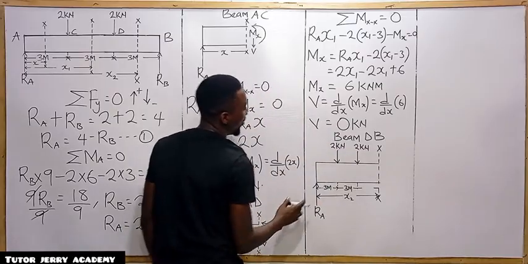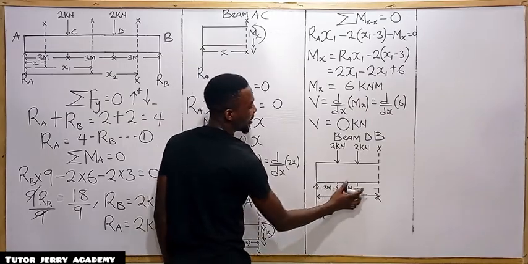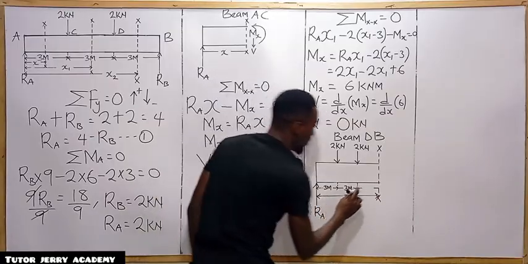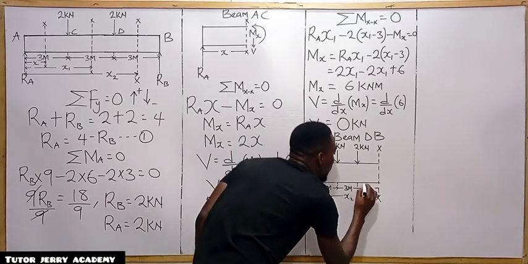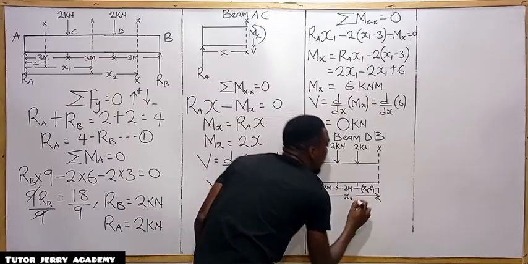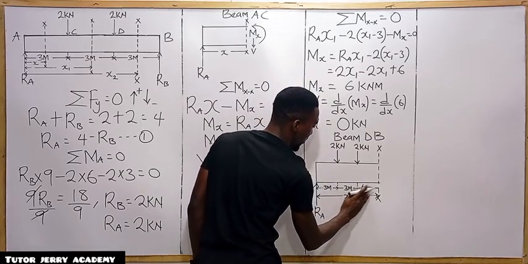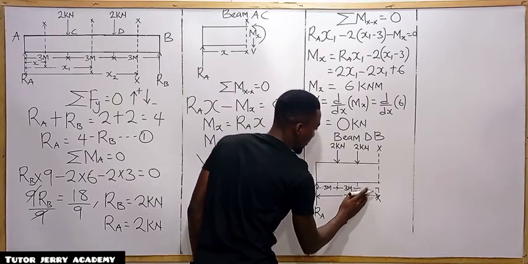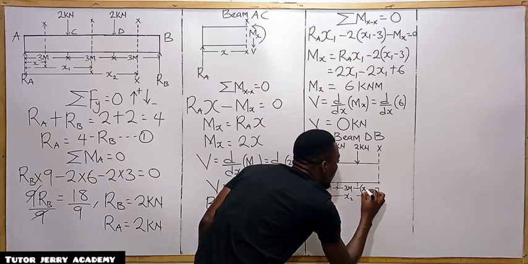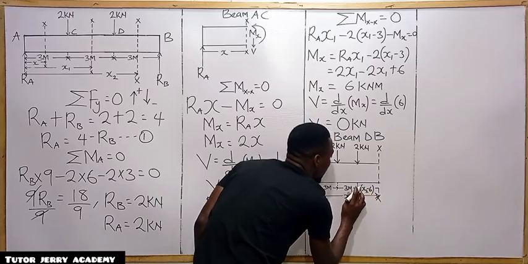So if the total distance is S2 and from here to here is 3, from here to here is 3, so it means this place is going to be S2 minus 6. So we are going to have here to be S2 minus 6. All right. Let me write this properly. So we are going to have here to be S2 minus 6. All right. I think it is more clearer that way.